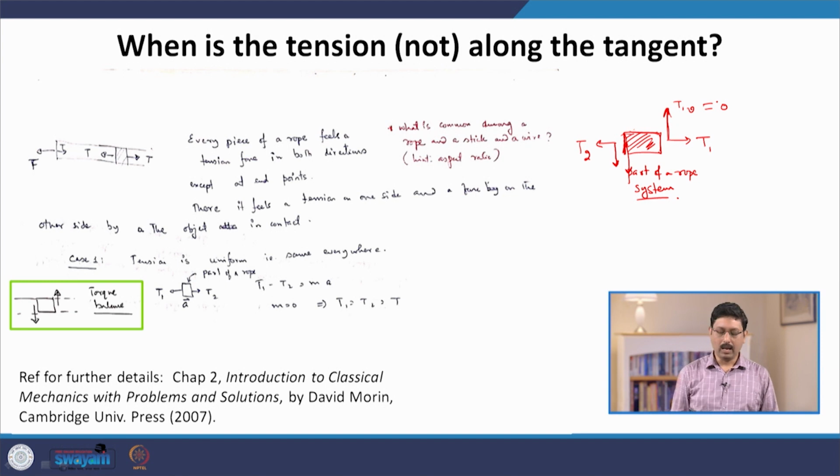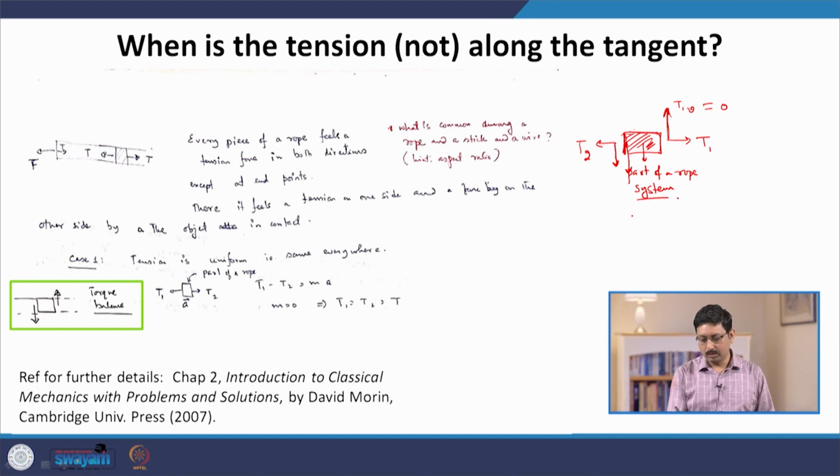Now, you may ask, okay fine, but what about the mass of the rope? This part of the rope has some weight which we are ignoring. The point is that even if you add the mass of the rope here, you can make this slice small.